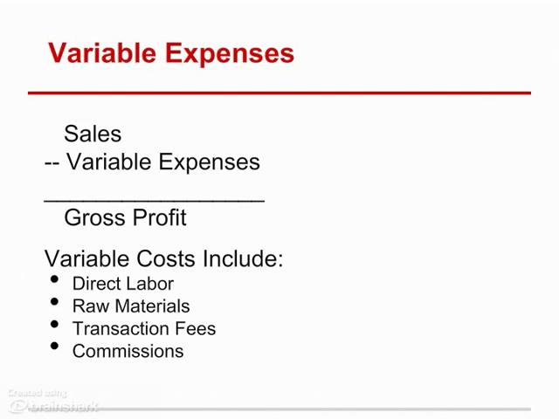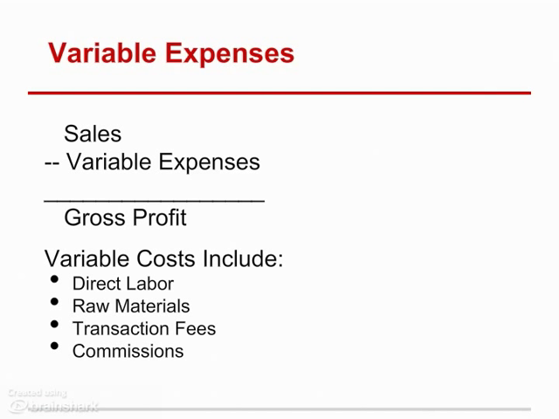Variable expenses come next on the spreadsheet, and we split it up into two categories, material costs and variable labor. Now, variable expenses help you determine gross profit and also help you determine how many units you must sell in order to break even and turn a profit. Think of variable costs as any cost that you would not incur if you did not make a sale.